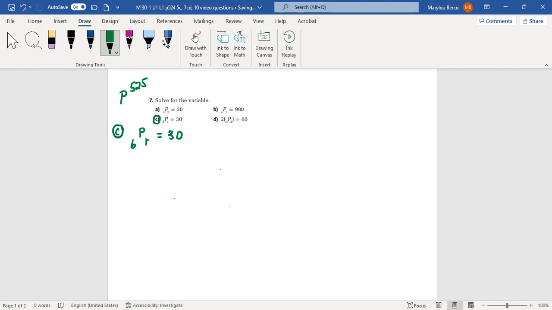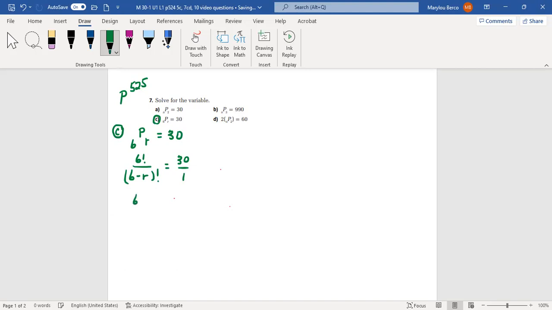So let's just take a look at the notation for this. Based on our formula, we have 6 factorial over 6 minus R factorial. This is for permutations, equals 30 over 1. Well, we can just switch the 30 and the 6 minus R factorial. That's all correct.